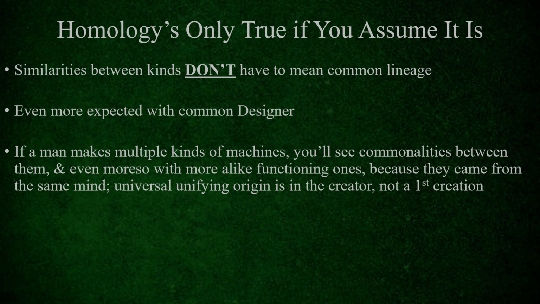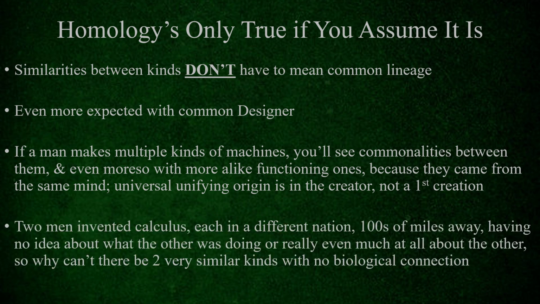If a man makes multiple kinds of machines, you'll definitely see commonalities between them, and even more so with more alike functioning ones, because they come from the same mind. So the universal unifying origin of all organismal kinds is in the creator's mind. It's not in the first creation, the universal common ancestor.